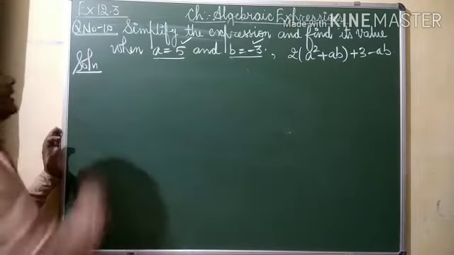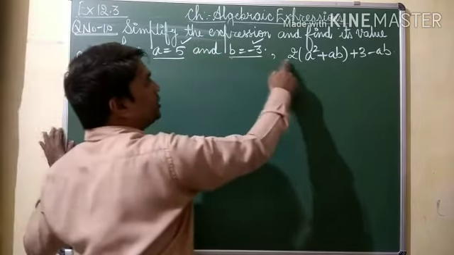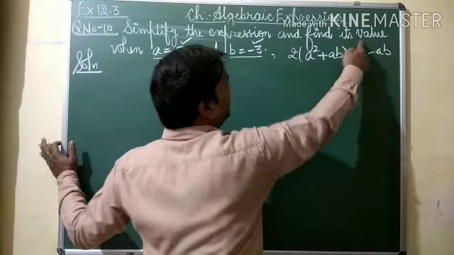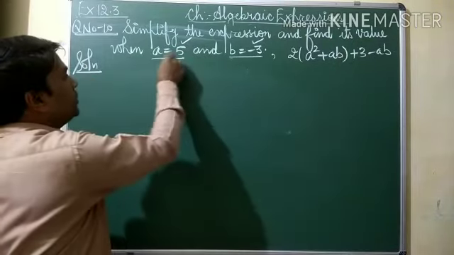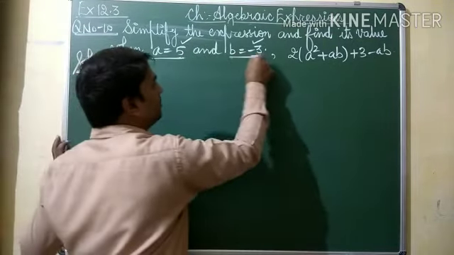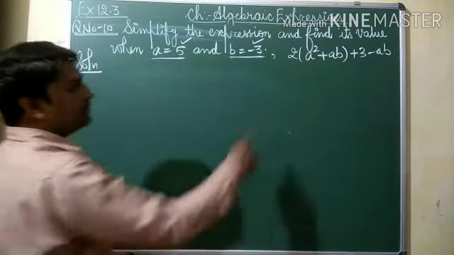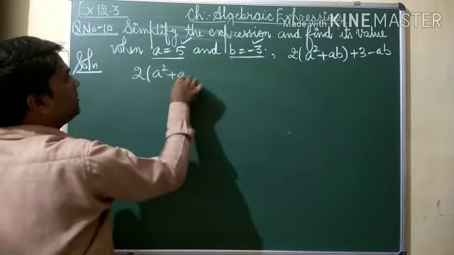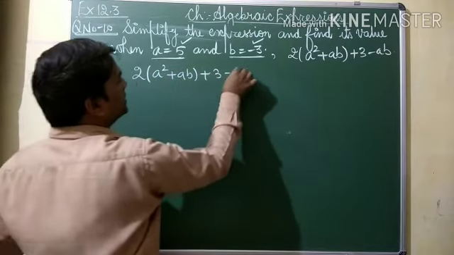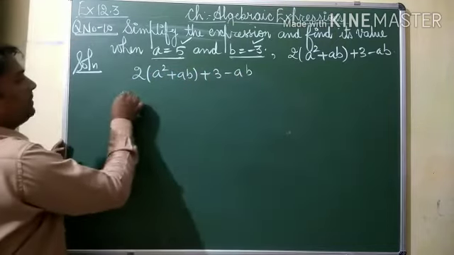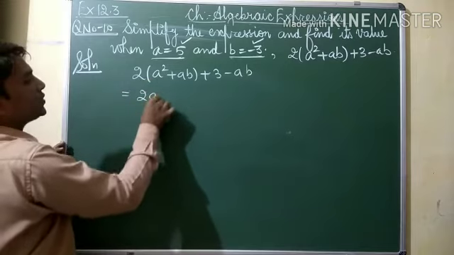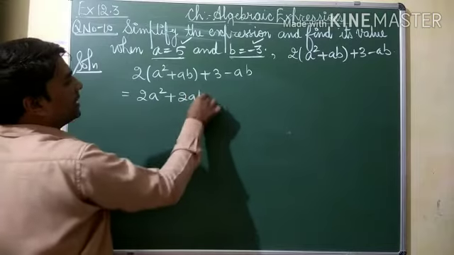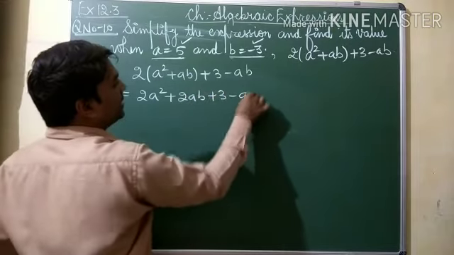Next is question number 10. Simplify the expression 2 into a square plus ab plus 3 minus ab and find its value when a is equal to 5 and b is equal to minus 3. So first of all, simplify the algebraic expression 2 into a square plus ab plus 3 minus ab. Now multiply 2 by a square, we get 2a square and then multiply 2 by ab, we get 2 times ab and then plus 3 and then minus ab.